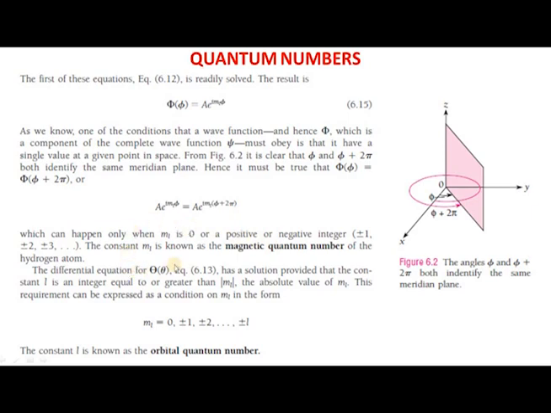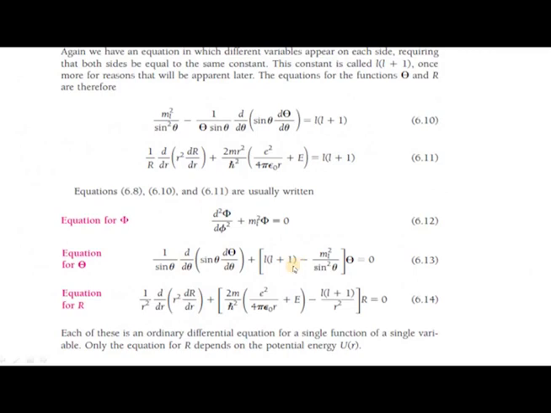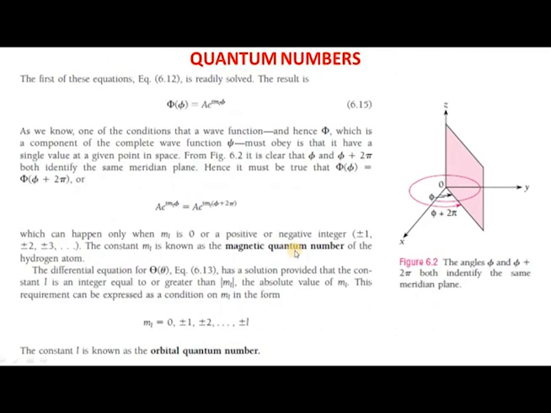Next we move to the differential equation for theta. If we try to solve this second differential equation, the solution gives us the condition that the constant L is an integer that is equal to or greater than the absolute value of ml.